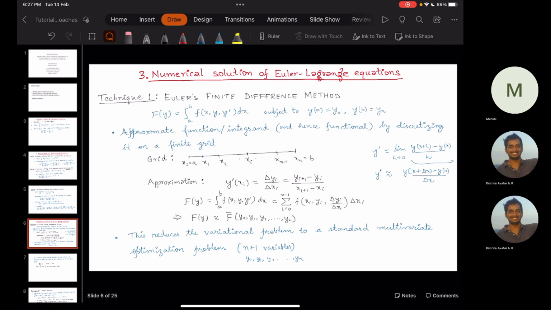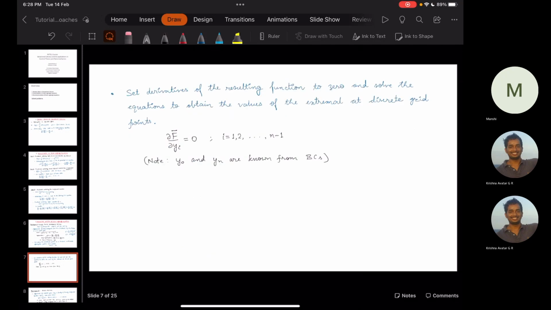At either end of this discretized domain, we already know the value of y at those two points, so we have left them out. After equating every partial derivative with respect to yi to 0, we will have a set of n minus 1 equations.